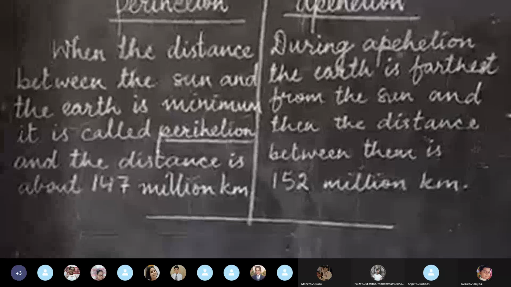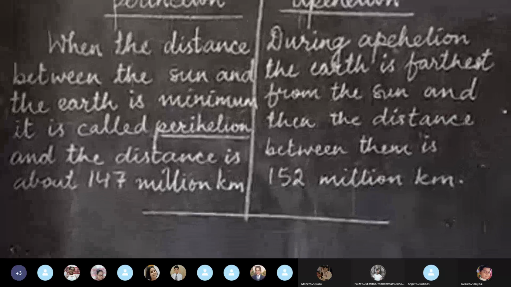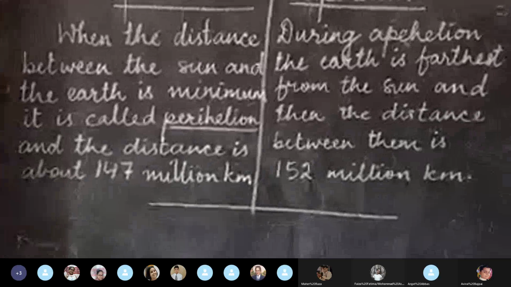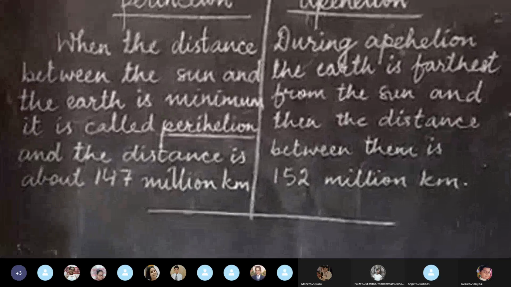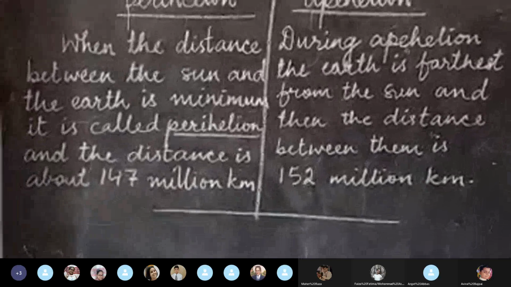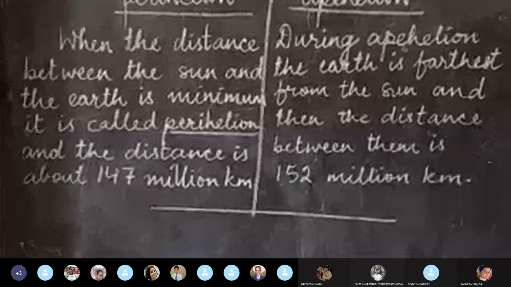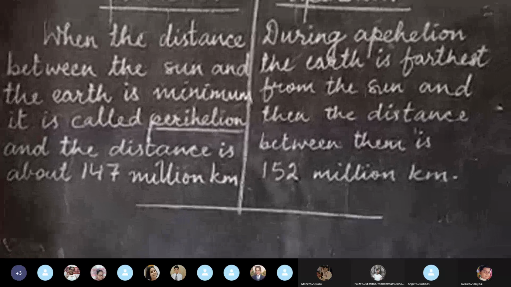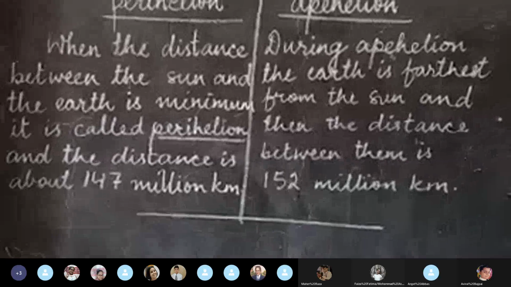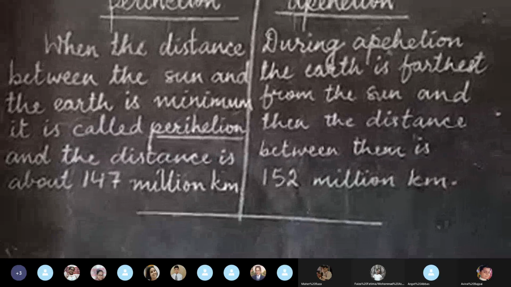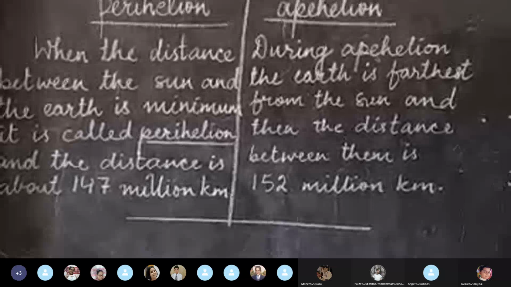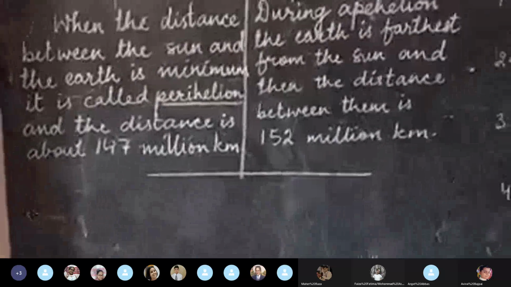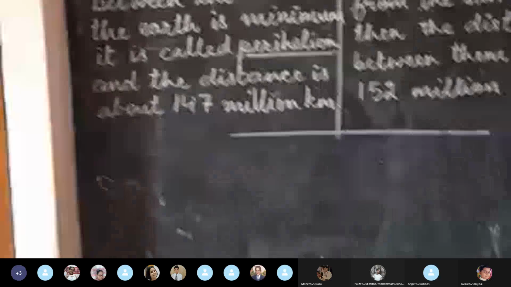And the distance is about 147 million kilometers. For aphelion, you will write, during aphelion, the earth is farthest, F-A-R-T-H-E-S-T, farthest from the sun, and then the distance between them is 152 million kilometers. This is your perihelion and aphelion.